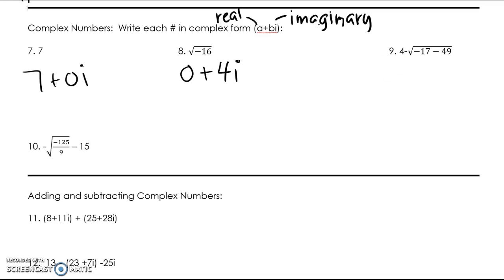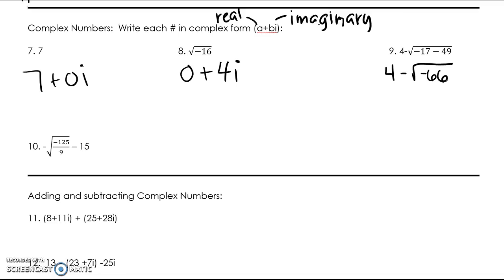For this next one here, let's simplify underneath the square root. So I'm going to have 4 minus the square root of negative 17 minus 49. So let's do that. So negative 17 minus 49 is going to give me negative 66. And the square root of negative 66, well, does that simplify?